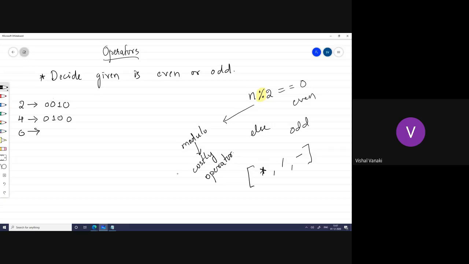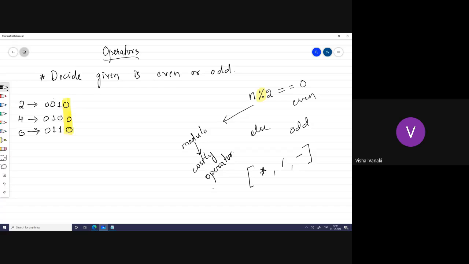Binary of 6 is 0110. Now you can look at all these binary numbers, the even numbers in binary form. You can see that all the LSB bits are 0. So there is a rule that every even number will have its LSB bit as 0.